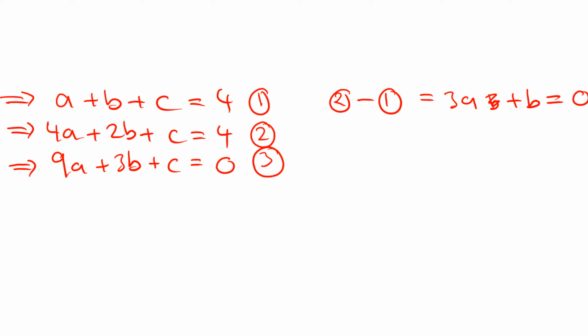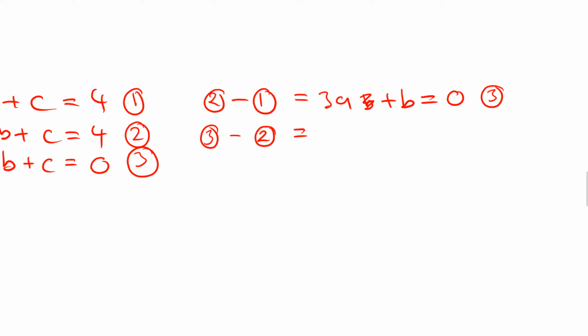And what else? We want to know how we can get rid of another letter. It takes a little bit more work than for just 2 equations. So let's do 3 take away 2.